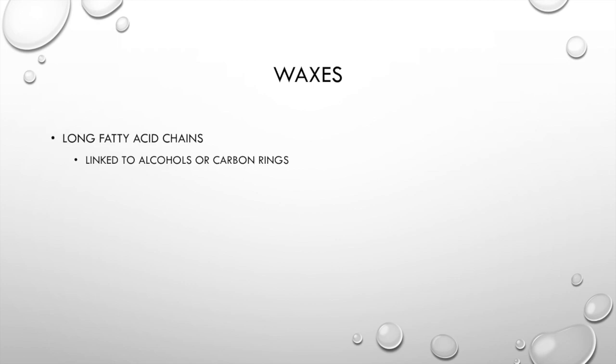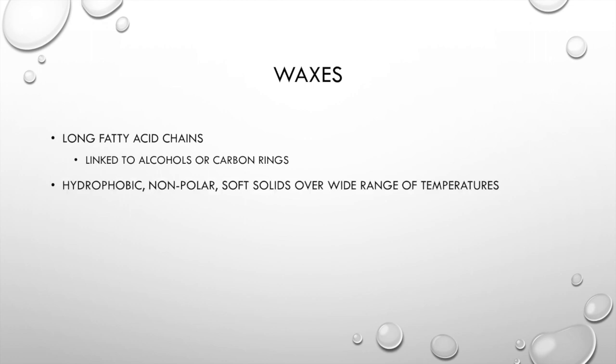The last lipid that we're going to look at are waxes, which are made up of long fatty acid chains that are linked to alcohols or carbon rings. They're hydrophobic and extremely nonpolar, and they're soft solids over a wide range of temperatures, and this is going to prevent water loss and dehydration, for example, in the cutin of many different leaves and plants.